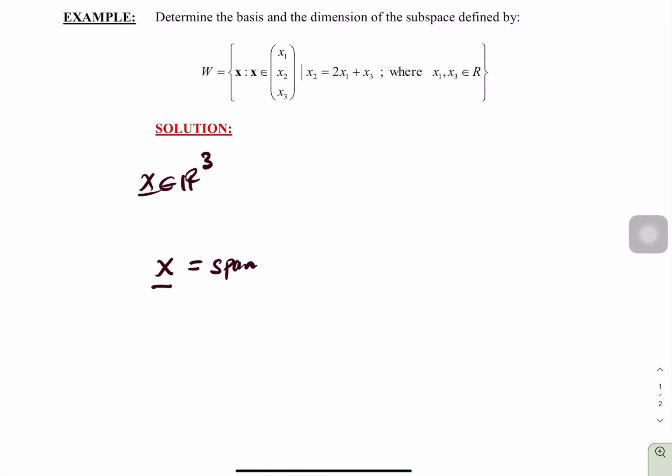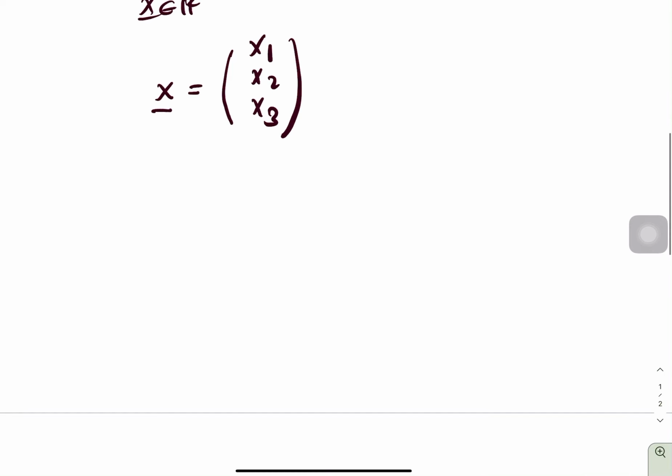In fact, let me put it this way to avoid confusion. This vector x in your R3 means you're going to get x1, x2, and x3. That is a set of vectors in R3. So this situation spans three vectors, and that is your x1, you get your 1, 0, 0.